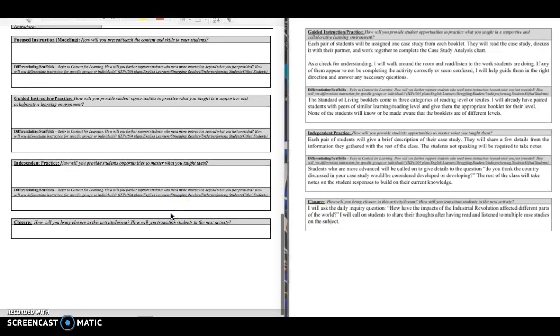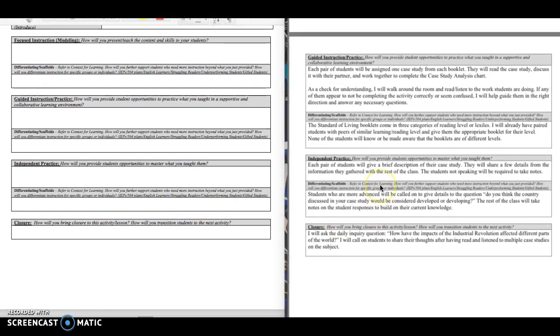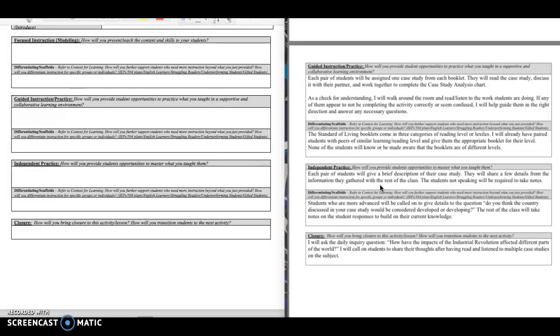And then here we have the independent practice, which is the they do. At this point, they've got a strong base for the content. They understand it, and now it's their turn to have their own explanations and thoughts about the content. In the independent practice, each pair of students will give a brief description of their case study.